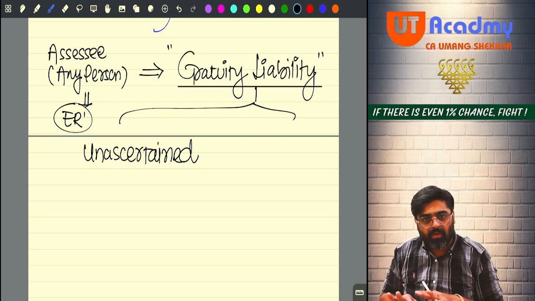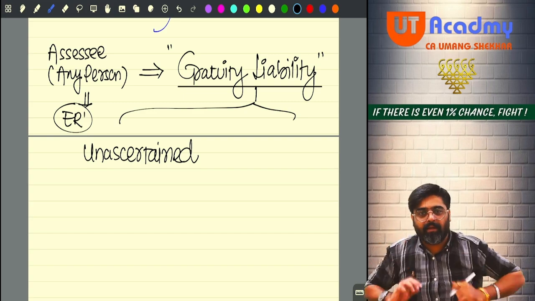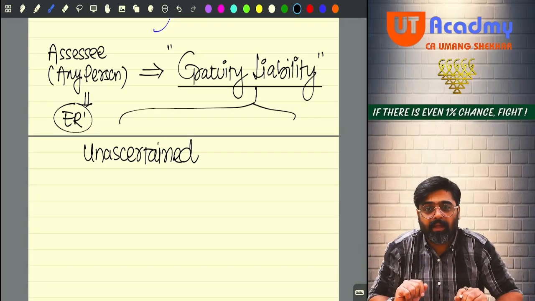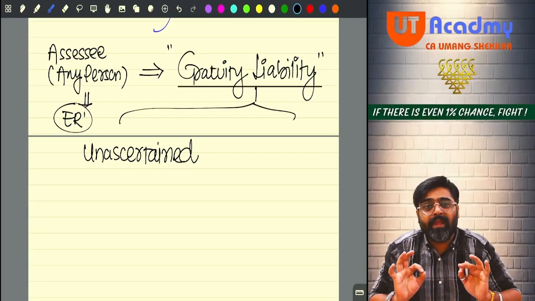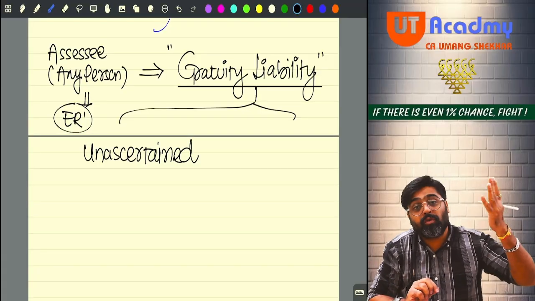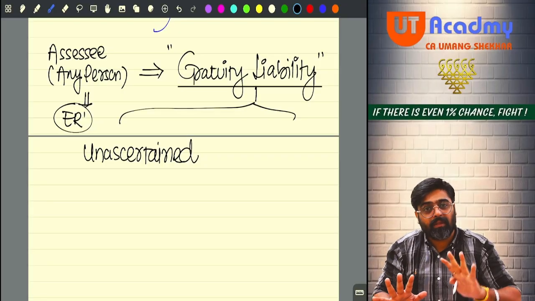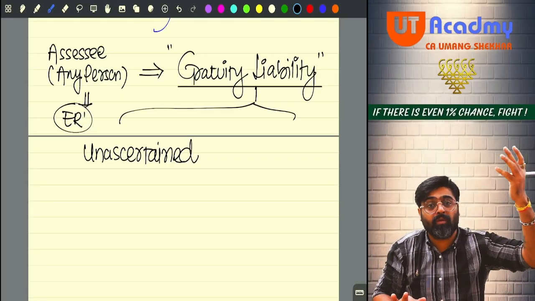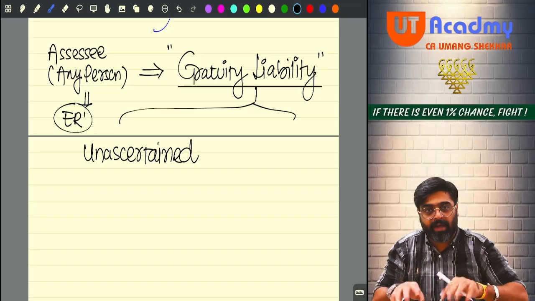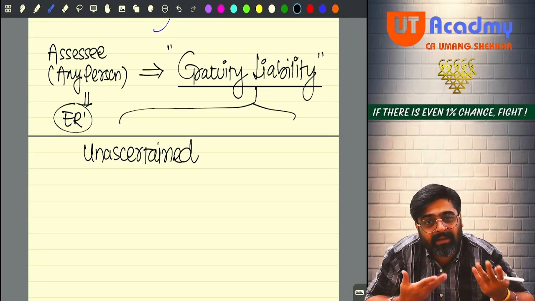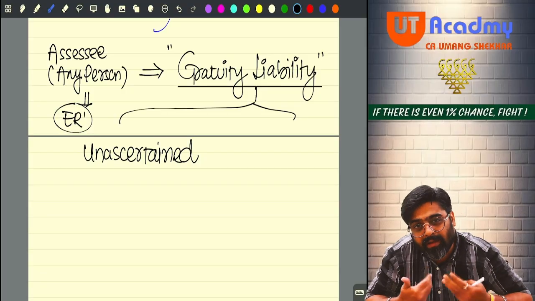So right now, you only know one thing, that gratuity will be your liability, gratuity will be your expense in future. That is confirmed. But how much you will be paying at that time, how can you know right now?